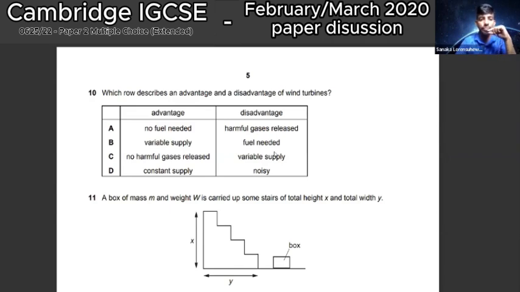What do you think? What should be the answer?